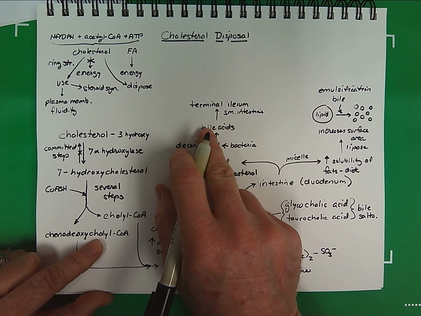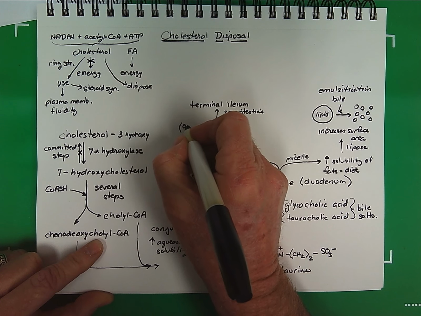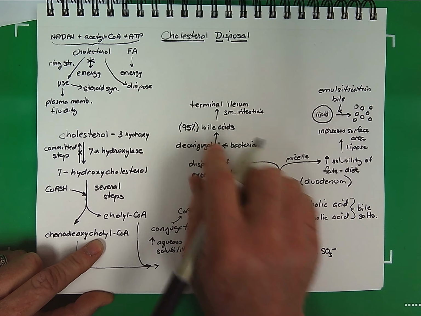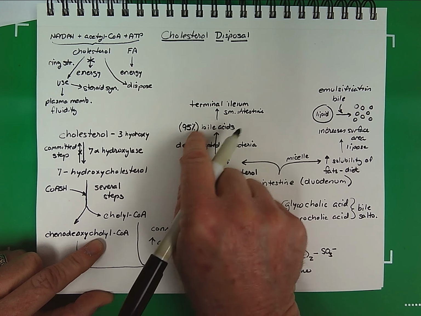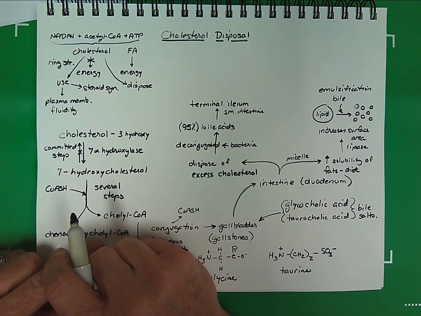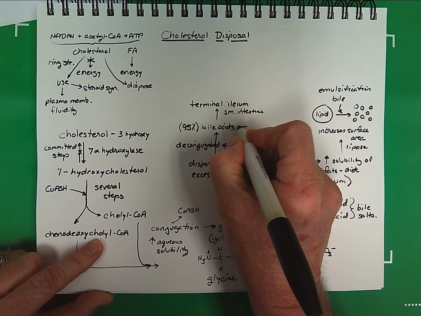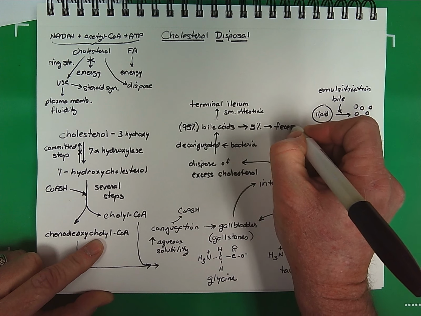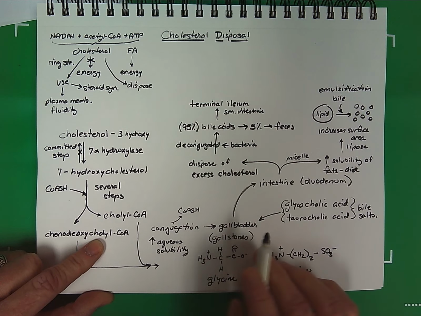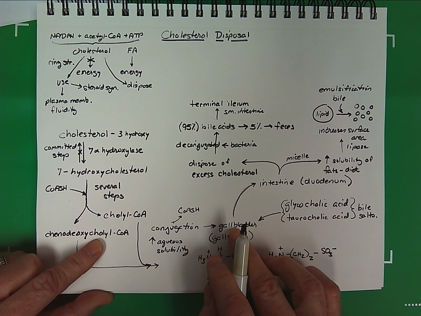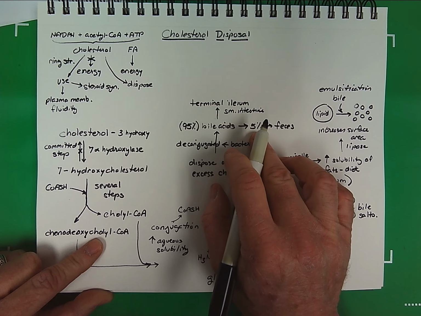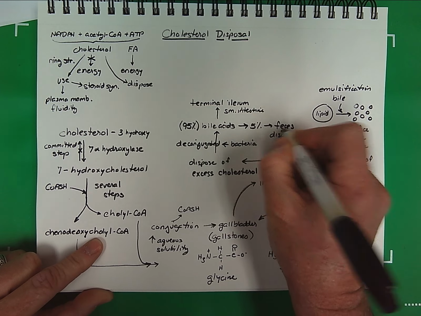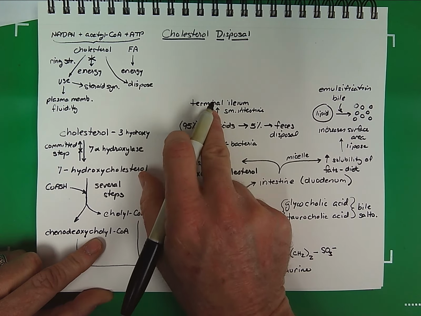In fact, approximately 95% of the bile acids present in the gut from the original secretion from the gallbladder are taken up by the terminal ileum. What that means is that 5% is found in feces. So for every round of storage in the gallbladder and secretion in the intestine, 5% of this material ends up in the disposal process. 95% is taken back up into the body.